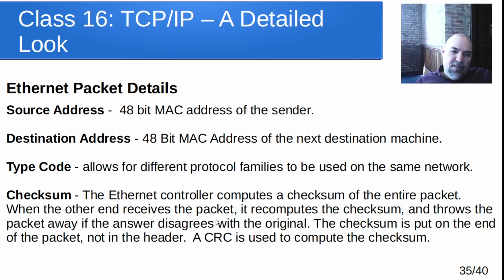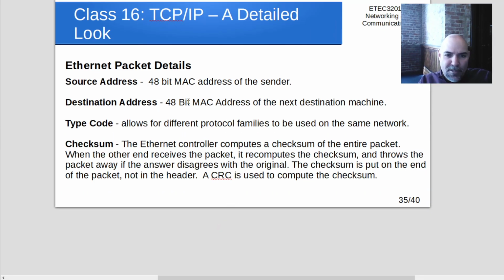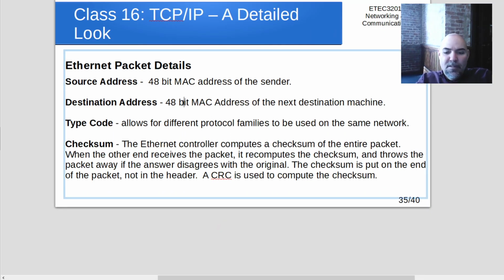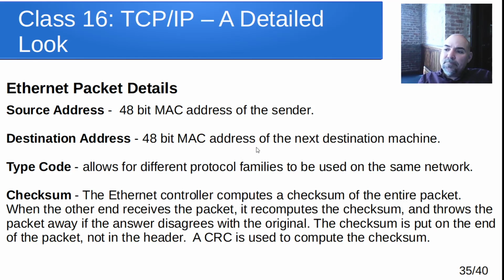Okay, so the source address is the 48-bit MAC address of the sender, so that's the actual hardware address, and the destination is the 48-bit MAC address. There's some weird capitalization going on here, so let me fix that as well. But the MAC addresses are, again, the hardware addresses, and note that it's the next destination machine.